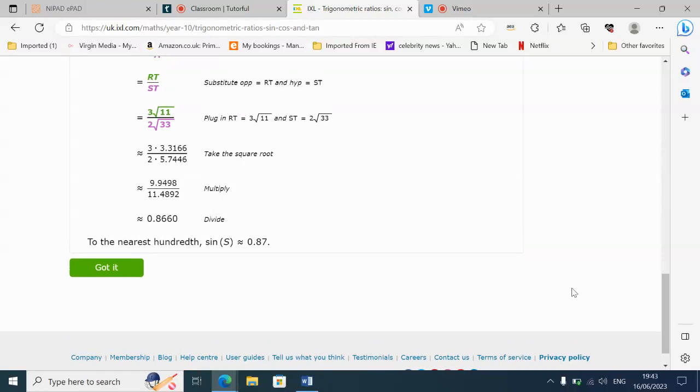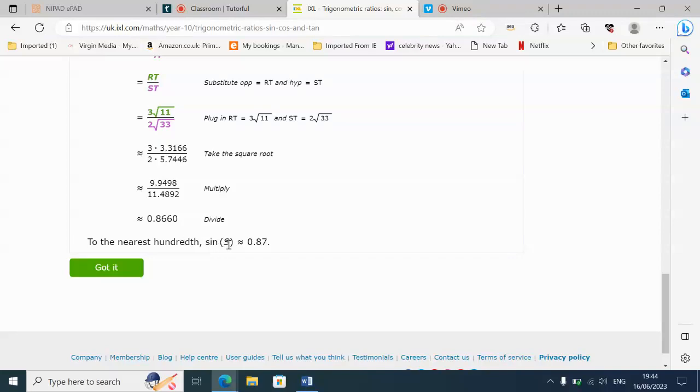9.9498 divided by 11.4892 is 0.8660. So that's what you get when you divide those numbers, and then you need to get it to the nearest hundredth.